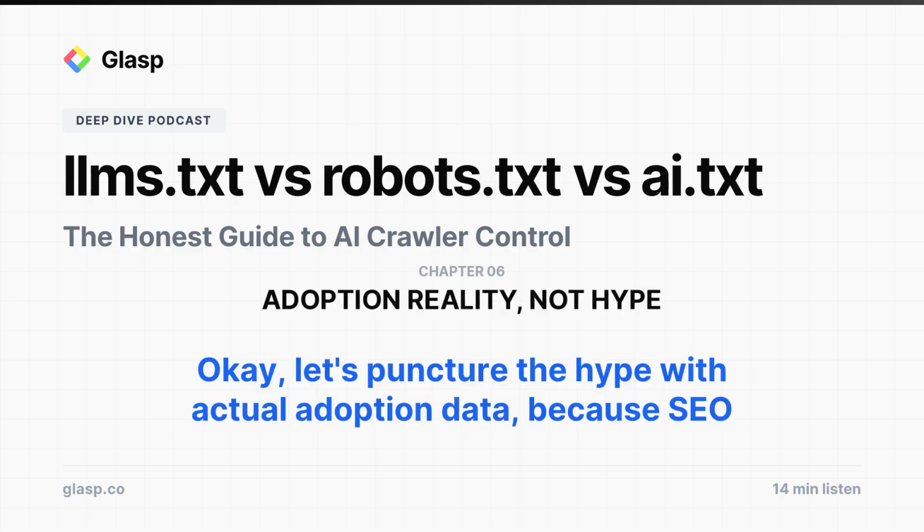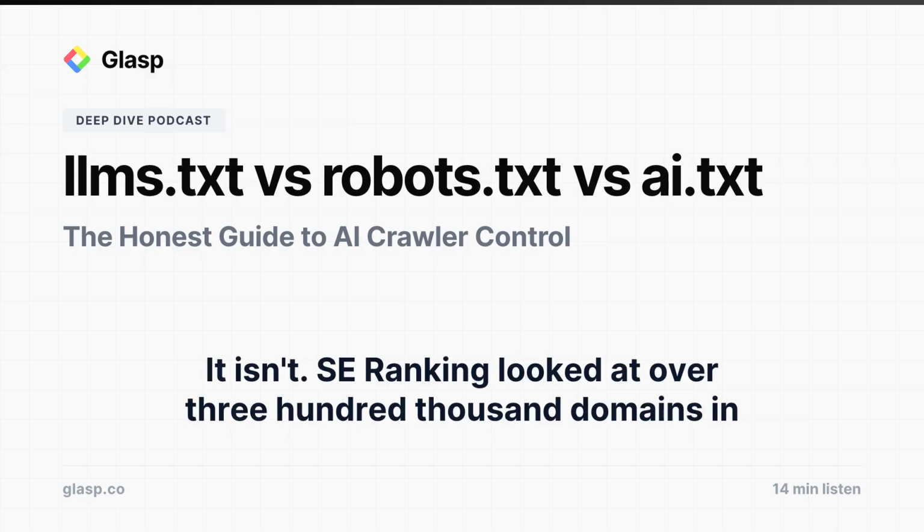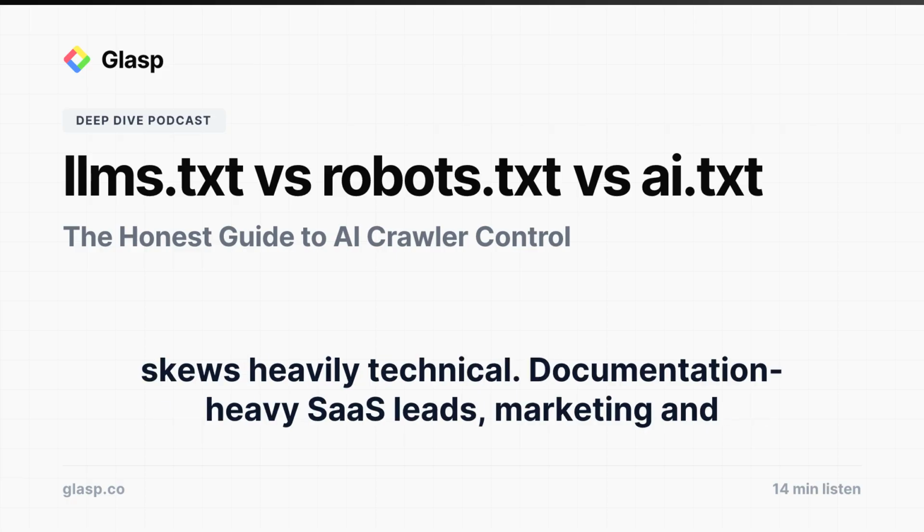Okay, let's puncture the hype with actual adoption data, because SEO Twitter makes llms.txt feel universal. It isn't. SE Ranking looked at over 300,000 domains in early 2026. llms.txt adoption sits around 10%, and it skews heavily technical.